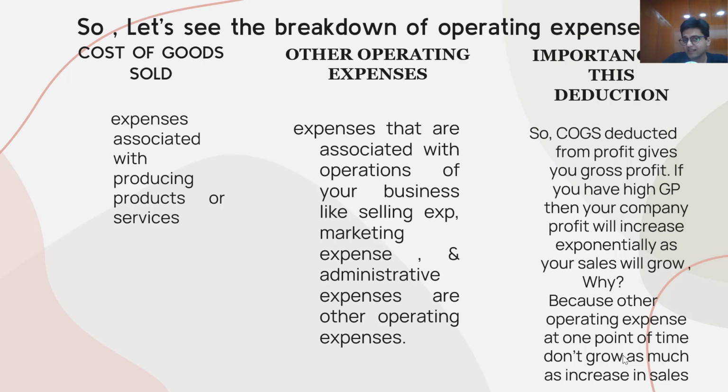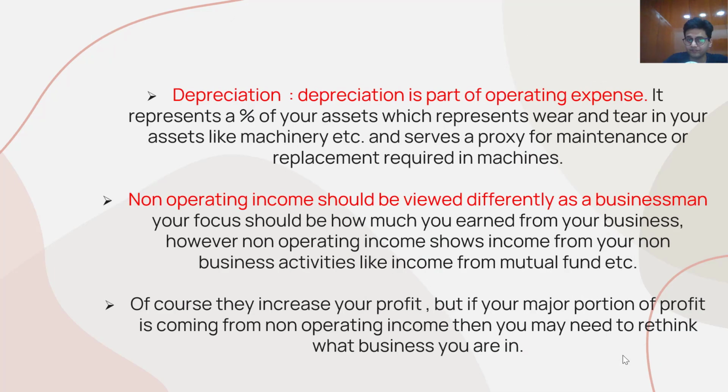So if the sales increase, the cost of goods sold increases usually by the same percentage, but the operating expenses almost remain the same. And that increases your operating profit and your net profit. So that's why the deduction is made.